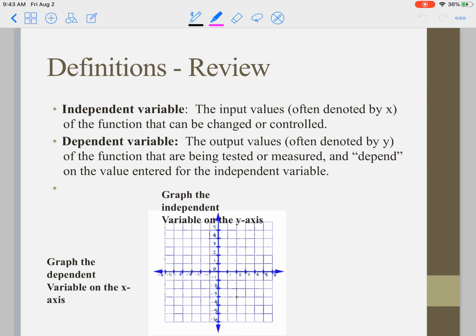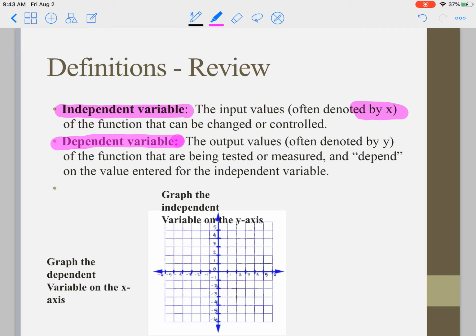So going from that to some definitions here, remember that the independent variable, we get to choose those independent variables. So that was our x in that last screen. They can be changed, they can be controlled, they're all up to us. Those are independent. We choose what goes in there.